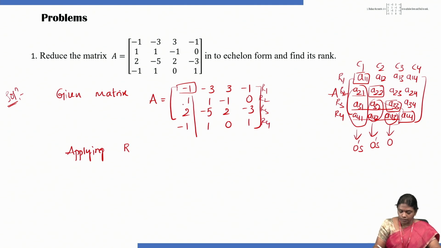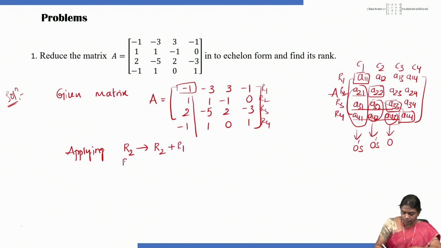I need to make this element zero with the help of R1. Here R2 has 1 and R1 has 1, so I can make this element zero by the operation R2 tends to R2 plus R1.